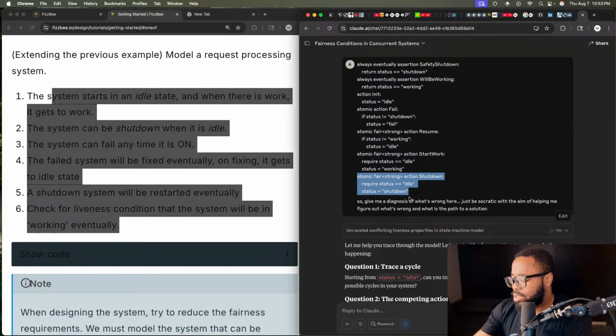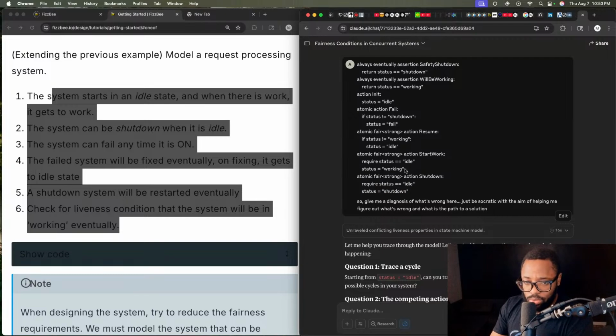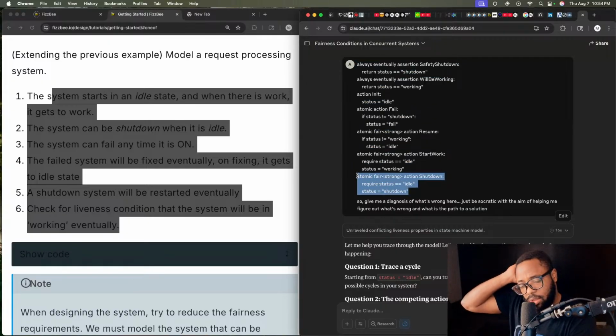I guess what this breaks down for me is the fact that you can actually make that choice to always go back to this working state instead of being forced to also choose this path. And I think that exposes the limited understanding that I have of how fairness weaves into the non-determinism.